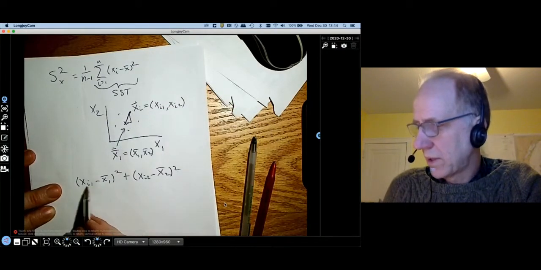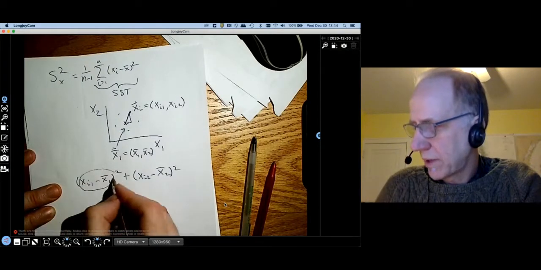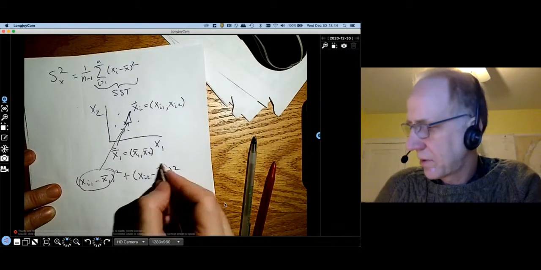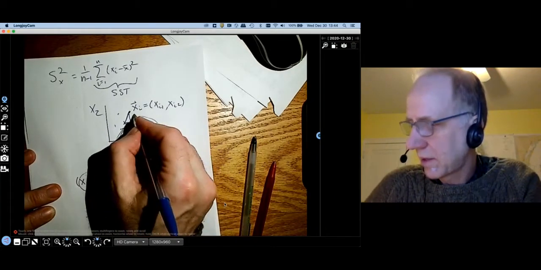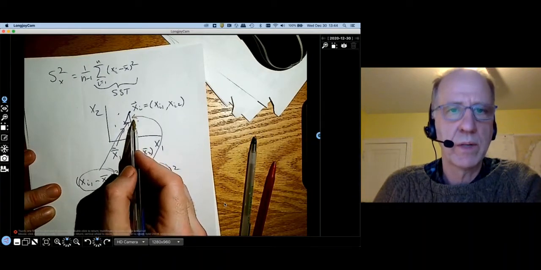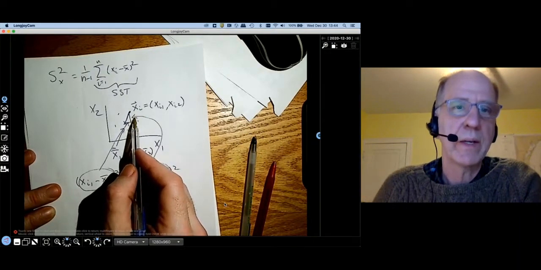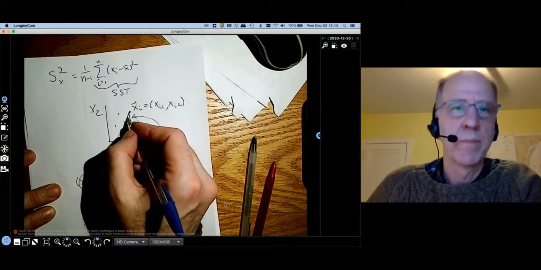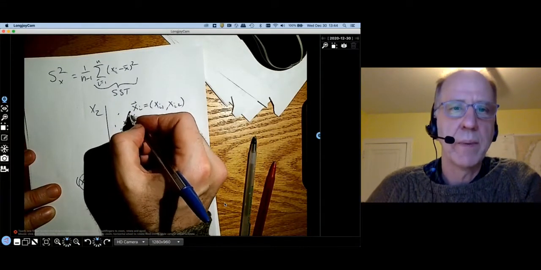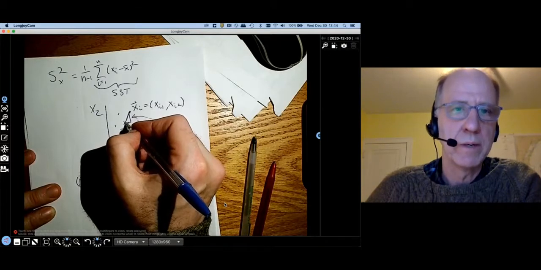Well, what is this? This quantity is the length of that side. This quantity is the length of that side. So if I take the squared length of this plus the squared length of the vertical deviation, I end up with the squared length of the distance from x sub i to its cluster mean.